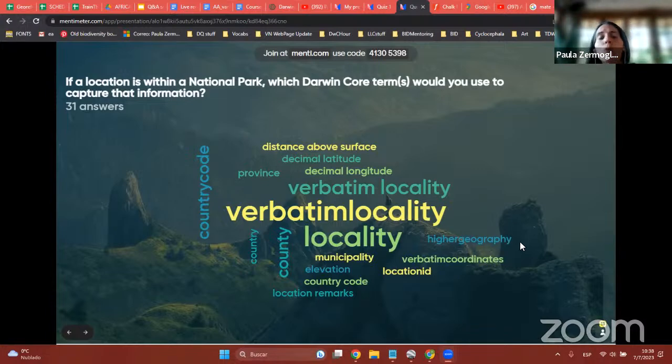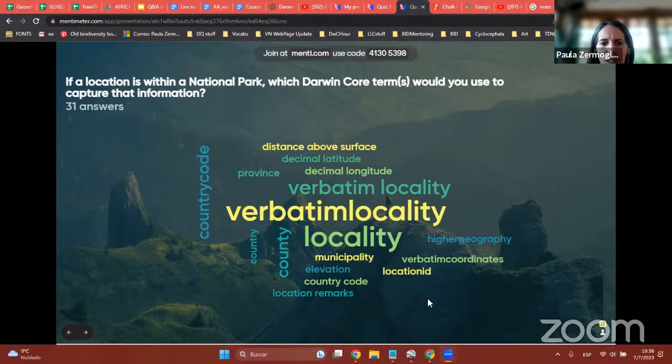So in there, we could, yes, capture the name of the national park. So we would have concatenated the continent, the country, the province, the county, if applicable, the water body, if applicable, the island and island group, if applicable, and we could concatenate a national park name in there.